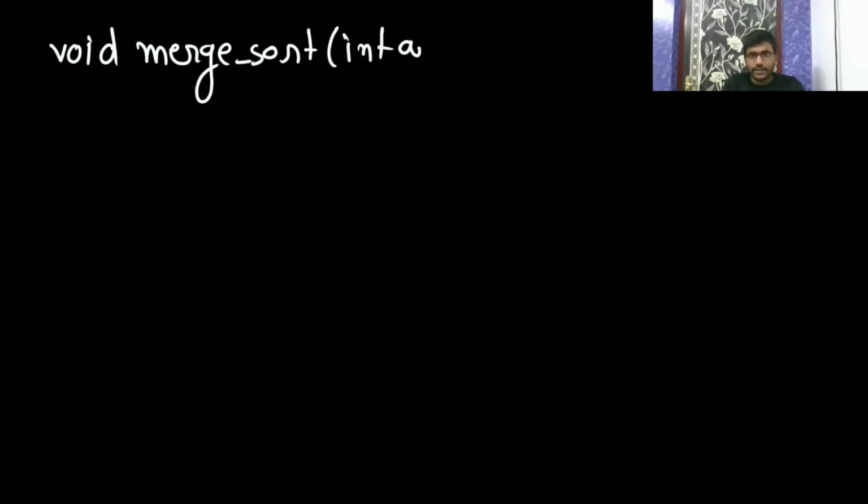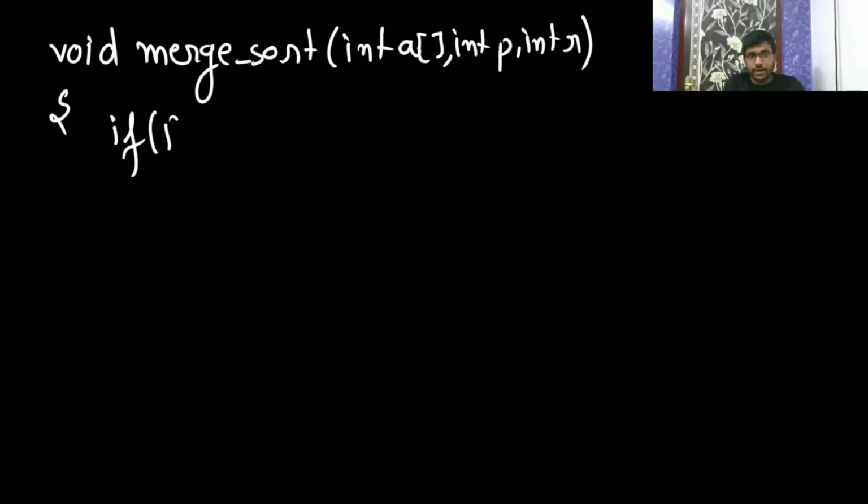So let me write the code for merge sort. For void merge sort, it is going to take the array, the starting index of the array P, and the end index R. I will check if P is smaller than R. P smaller than R means some elements are there.